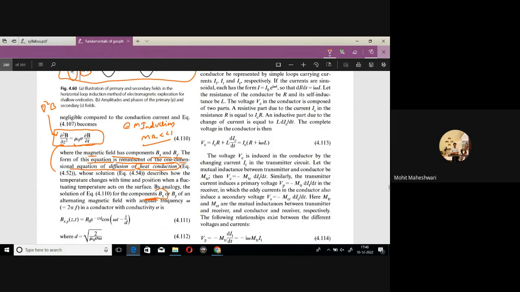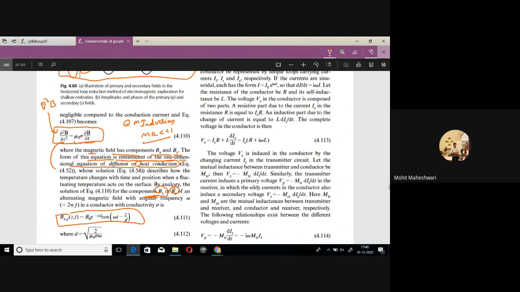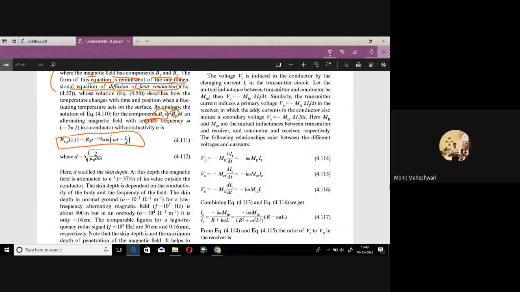The Bx component and the By component are given there, showing how Bx and By change with respect to time. And there D is defined as the skin depth, and the formula of the skin depth is given there. The two things you must remember are that the skin depth depends on two factors. The first factor is the electrical conductivity, and the second factor is the angular frequency.